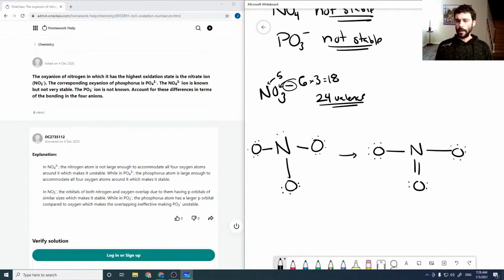And so now octet is satisfied everywhere. We've got a delta negative here, a delta negative here, and a delta positive. So the total charge will be -1, and our octet rule is satisfied everywhere.